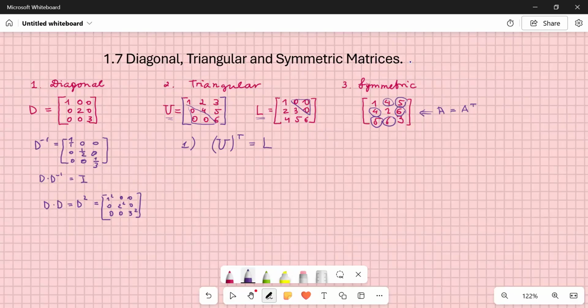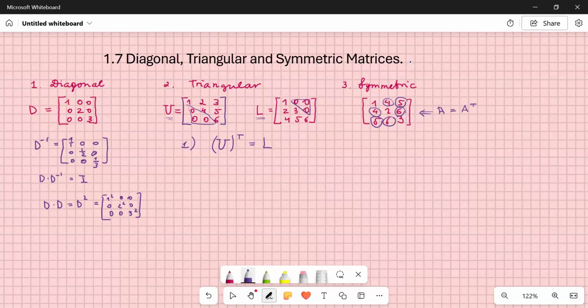So row 1, 2, 3 is going to become column 1, 2, 3, and the next row is going to become a column, and eventually we are going to have all these zeros on the top.